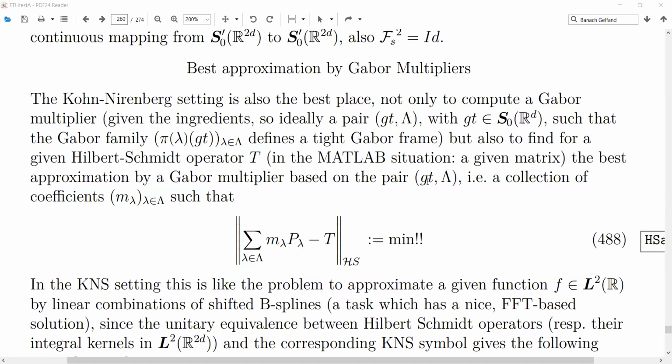It has positive eigenvalues. You take the inverse, but the square root, and then you have a nice matrix applied to your original Gabor atom, and you're getting such a tight atom, such that if you're adding all the time frequency shifted versions along the lattice lambda, you get identity. Okay, so we want to do this. For example, you would like to get twice the identity if your multiplier is constant twice.